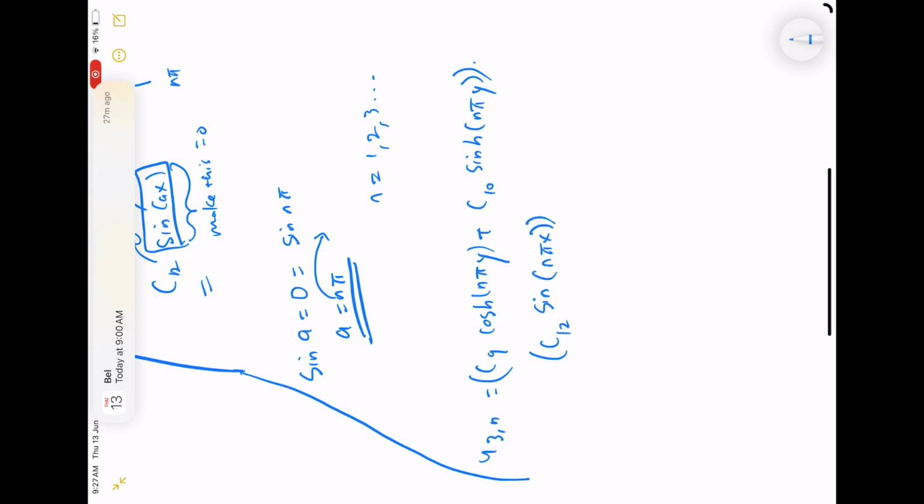This is the solution for all these three cases. We have this only, but still we have the unknowns from c9 to c12. What to do now?